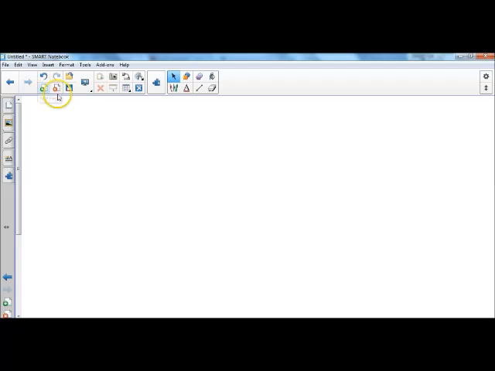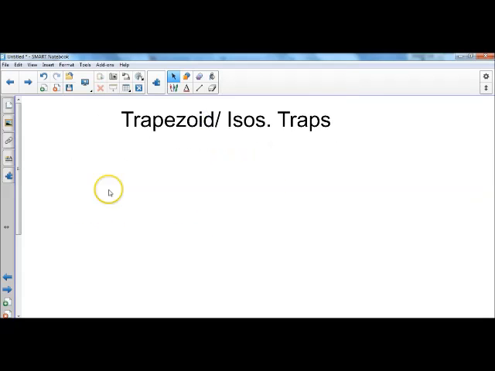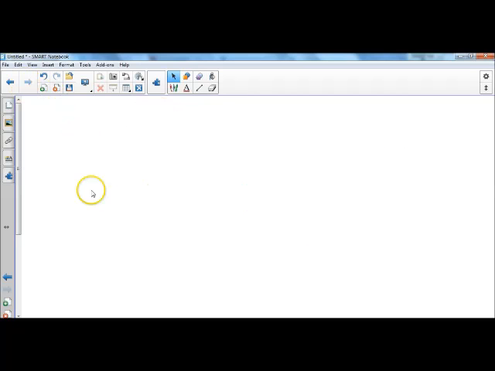Alright, so we did rectangle, square, rhombus. Let's talk about kites. How about a trapezoid, and I'll do isosceles trapezoids too.